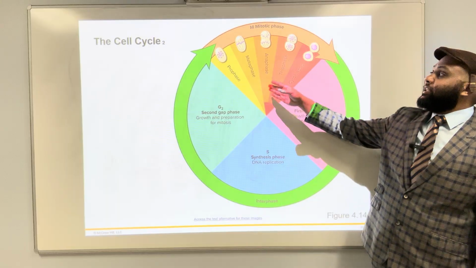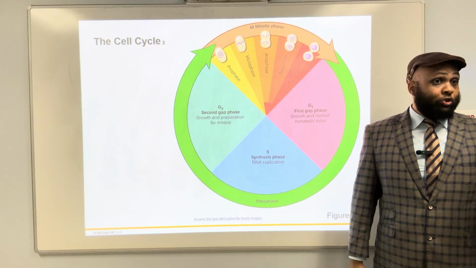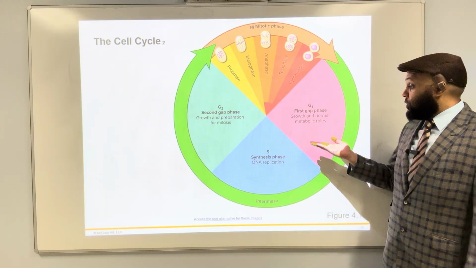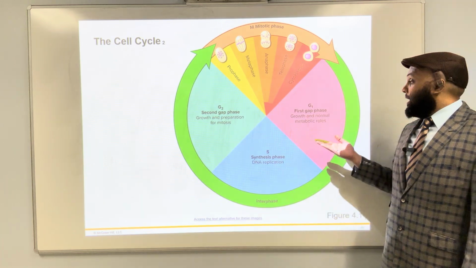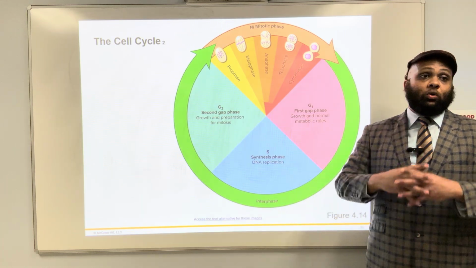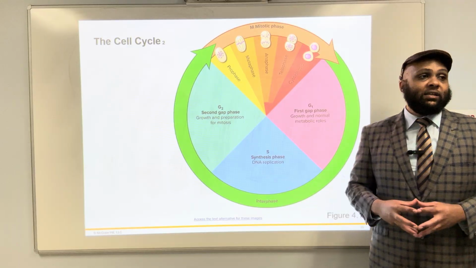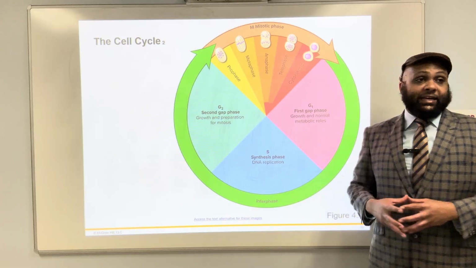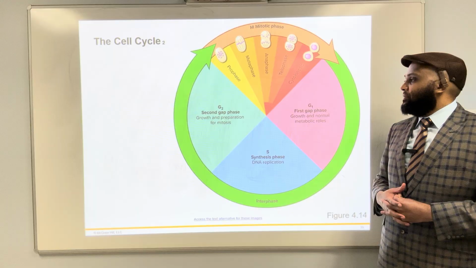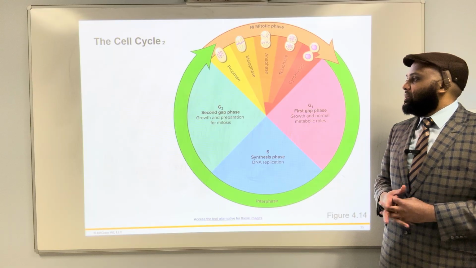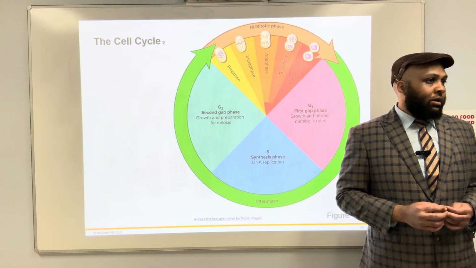Each phase of interphase has a distinctive feature. So you need to know the distinctive features of G1, S, and G2. G1's distinctive feature is that it's the phase of growth and normal metabolic functions. The S phase is the phase where there is DNA replication. And lastly, you have the second gap phase, and that is growth and the preparation for mitosis.